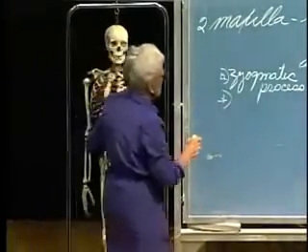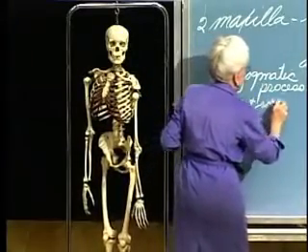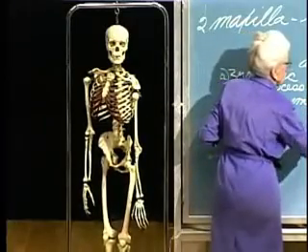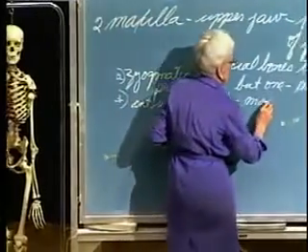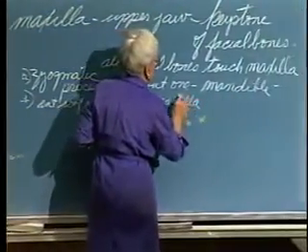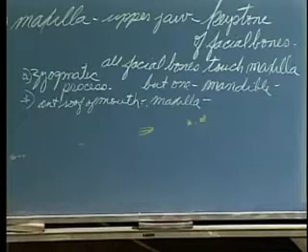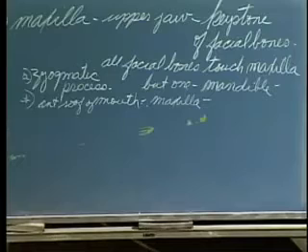So the anterior roof of mouth is formed by the maxilla. So the next bone, we'll take the nasal bones.